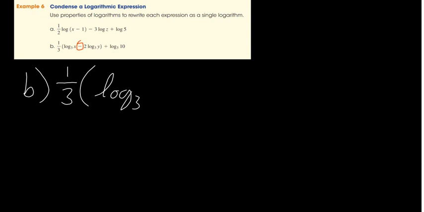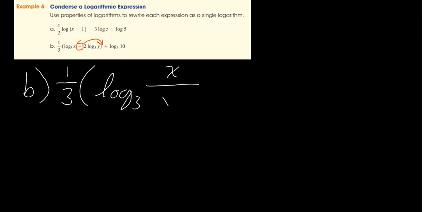I'm going to move this 2 onto the y. So this will turn into log base 3 of x in my numerator, and in my denominator we're going to have y squared. All I did was put the 2 onto the y to make it a y squared, and then I dealt with that subtraction sign by using the division sign.